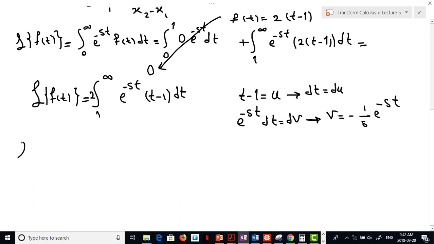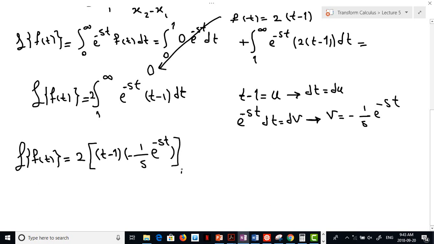So Laplace transform of f(t) is equal to 2 times, because we have a 2 here, u times v. So u is t minus 1. v is minus 1 over s e to the power of minus st. So limit of integral from 1 to infinity, minus integral of v du.